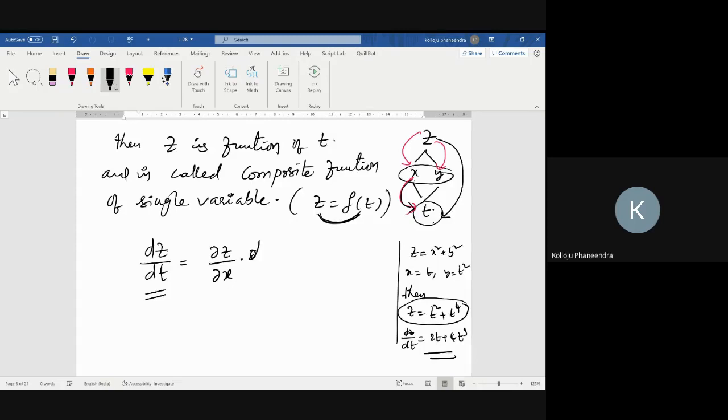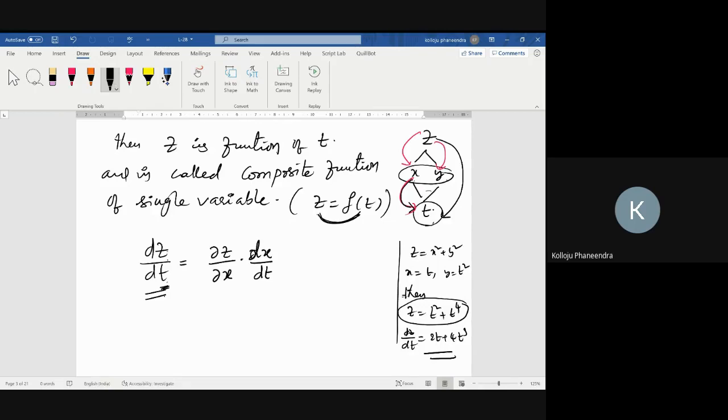So I have to write dx with respect to t, because I'm taking the derivative with respect to t. Once again, z is a function of x and y, and x and y are functions of t. So z is a function of t, single variable, so its derivative is obviously an ordinary derivative. That's why I have written dz by dt.